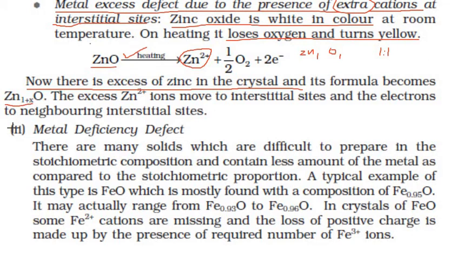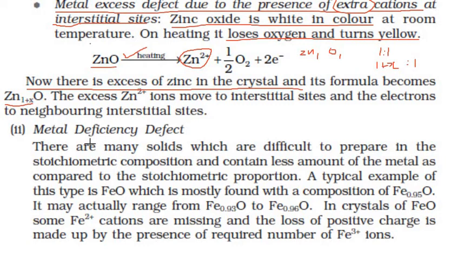We don't know, because X is an uncertain amount. It goes into the interstitial sites along with the electron of the neighboring sites. So the formula becomes 1 plus X for zinc is to 1. That's the reason it is said to be due to the presence of extra cations in the interstitial site.